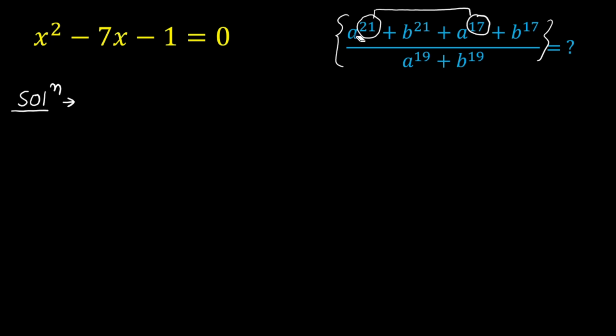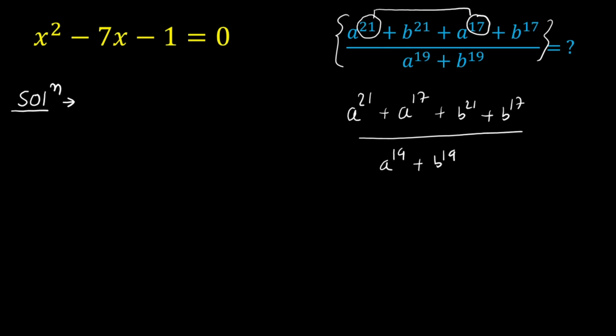First, let us rewrite this expression: (a^21 + a^17 + b^21 + b^17) / (a^19 + b^19). Now here, in a^21 + a^17, if we take a^17 common, then a^21 divided by a^17 gives a^4, plus a^17 divided by a^17 gives 1.